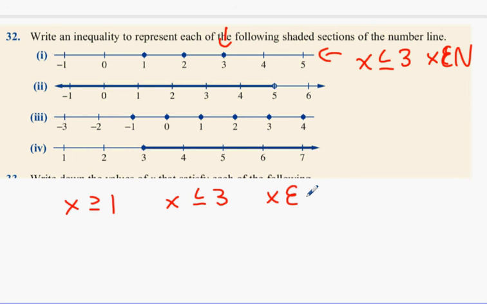X element N or x element Z. Why can it be either one? Yeah, there's a start and a stop, isn't there? So once it's a dot, it's okay. Yeah? What way can I write this? Anybody know a different way I can write this? And then what do we do then?